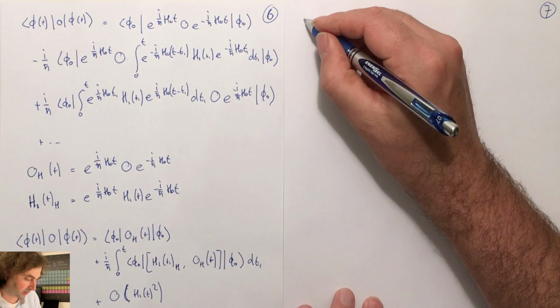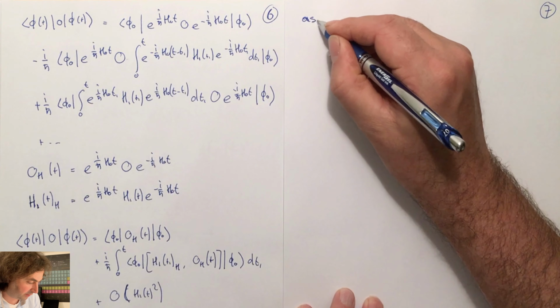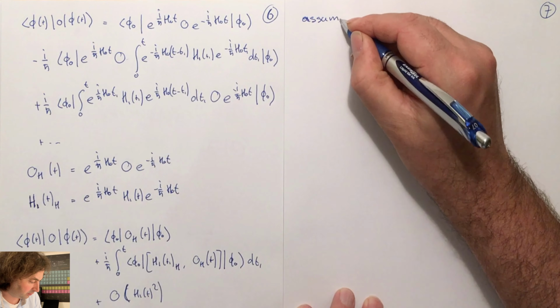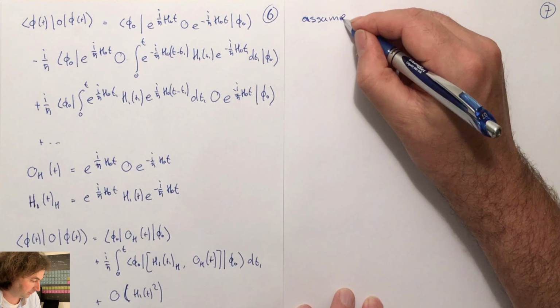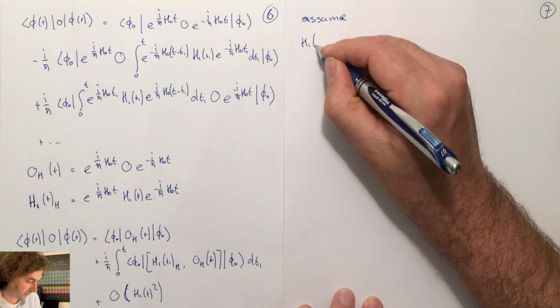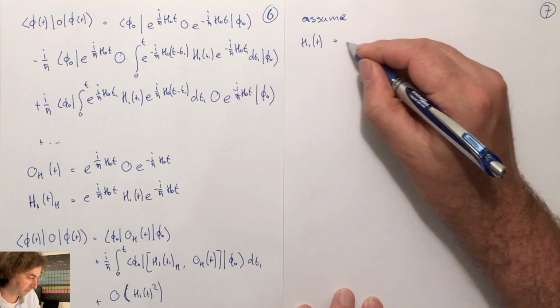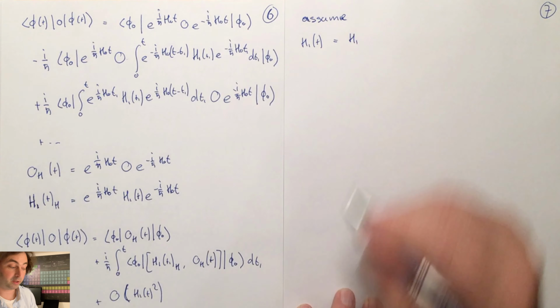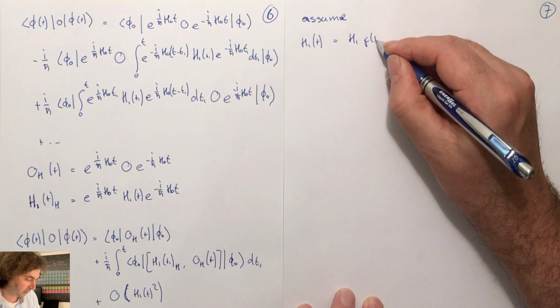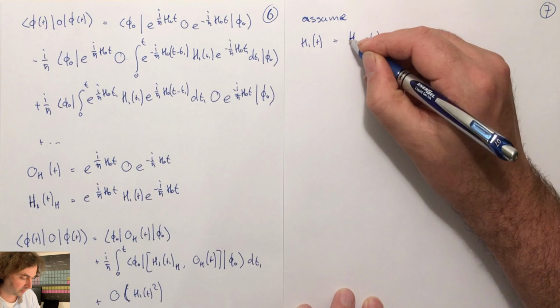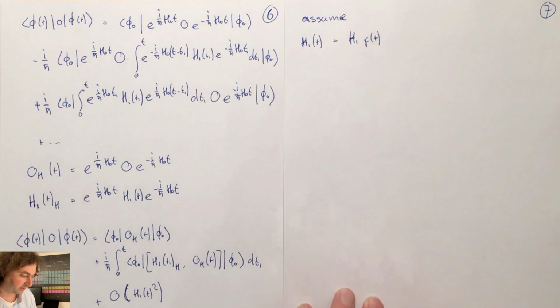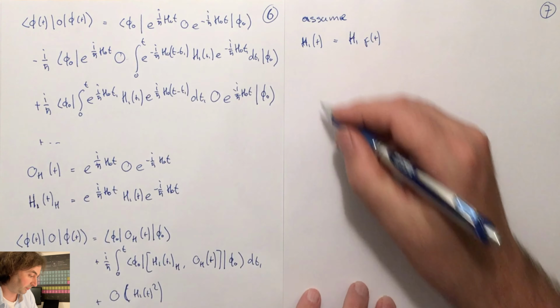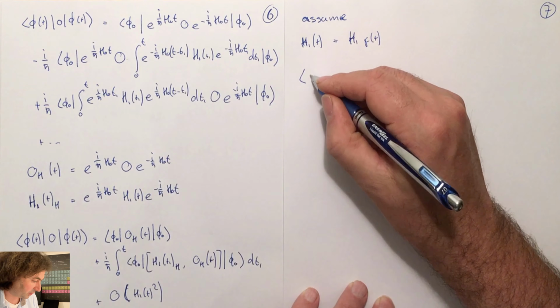Now in order to calculate the susceptibility, we have to assume that our time dependence is given by a time independent operator times a time dependent function. So as a function you only scale your operator, you don't change internal structures. And then we can define a susceptibility.